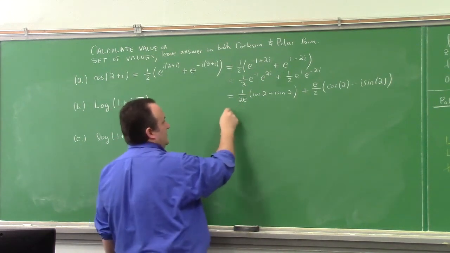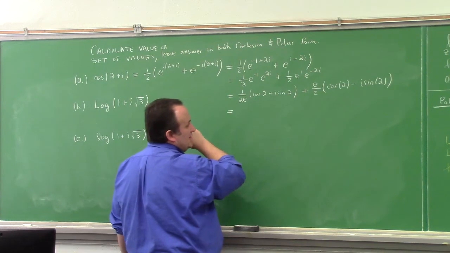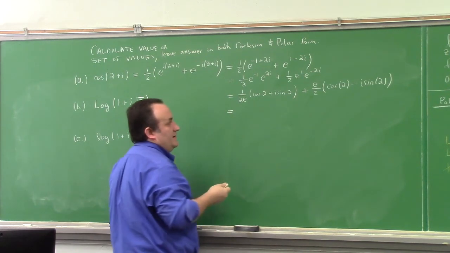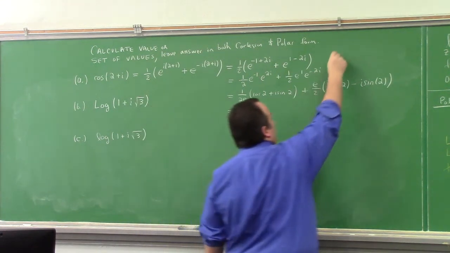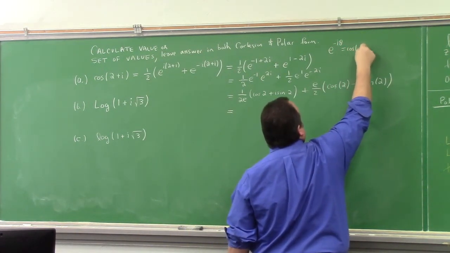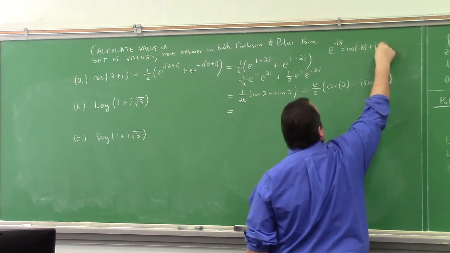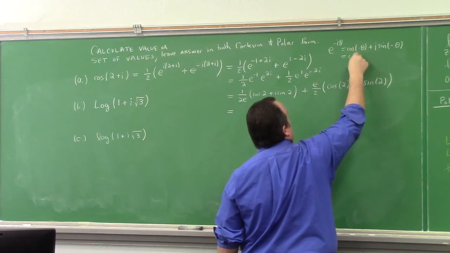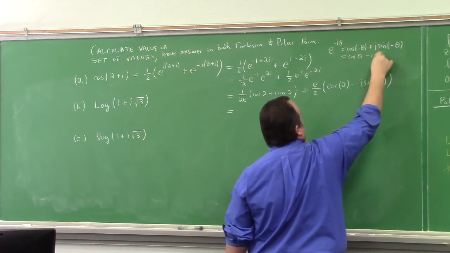What if you had a minus theta? e to the minus i theta is cosine of minus theta plus i times the sine of minus theta. But sine is odd.